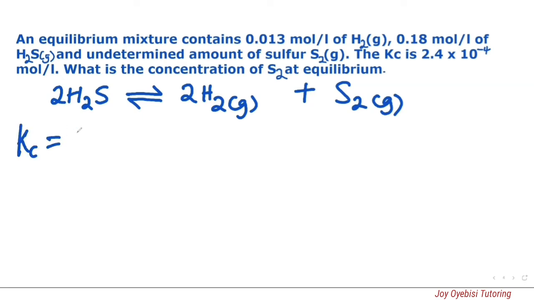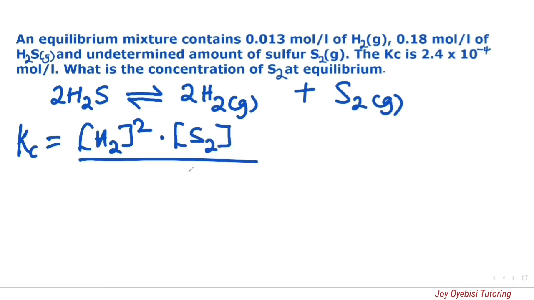Alright, so we start by writing the Kc expression. H2 squared multiplied by the concentration of sulfur, divided by the concentration of H2S squared. The squares are because of the 2 in front of H2S and hydrogen.